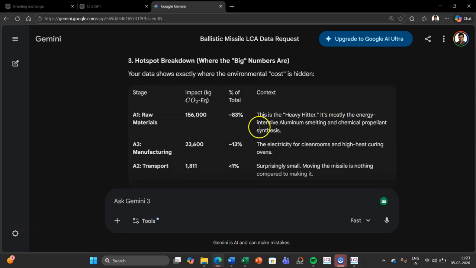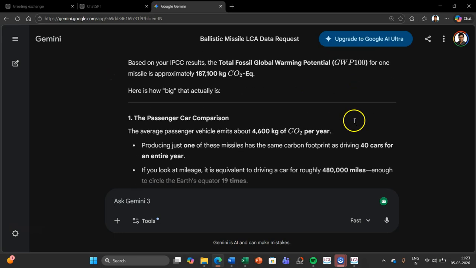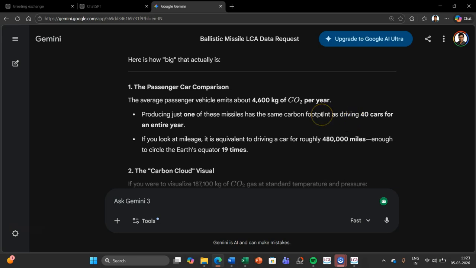Hotspot analysis we are not interested in. But I hope you understand, for every single missile produced, this much carbon dioxide is being emitted, right?